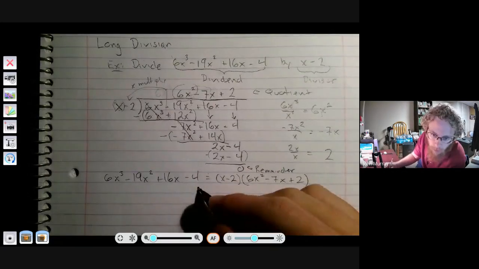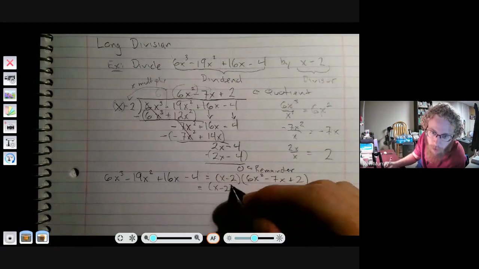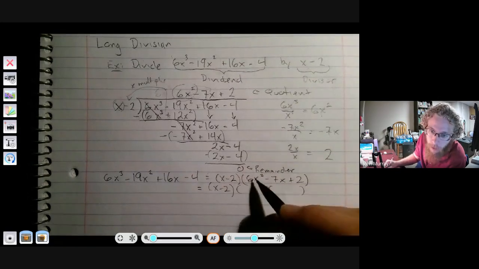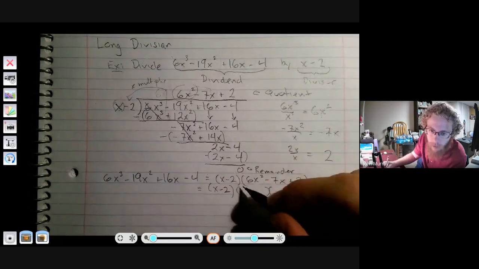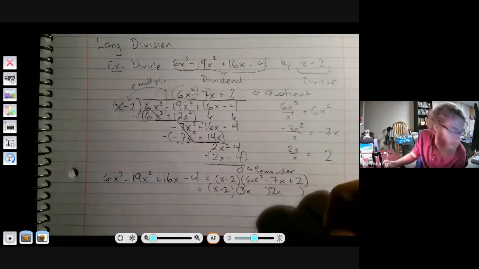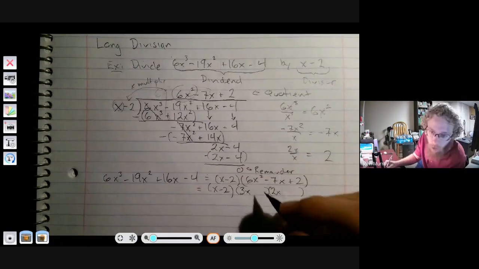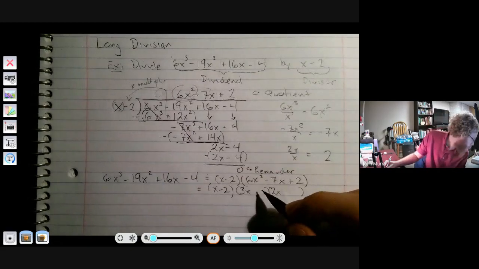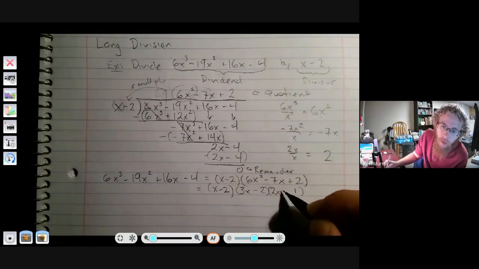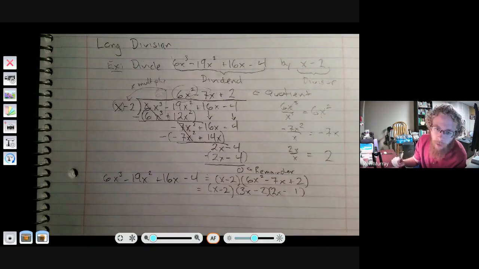So this x minus 2 stays out there. Two numbers that multiply to 6x squared would be a 3x and a 2x. For 2, the only factors are 1 and 2, or 2 and 1, right? And then we have that.